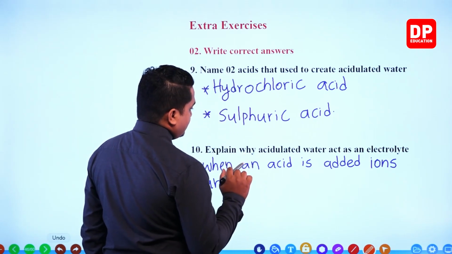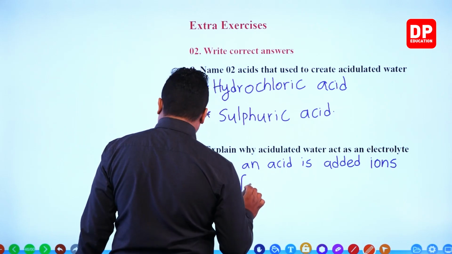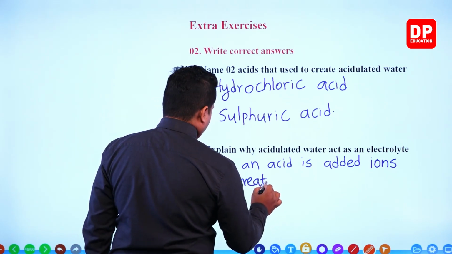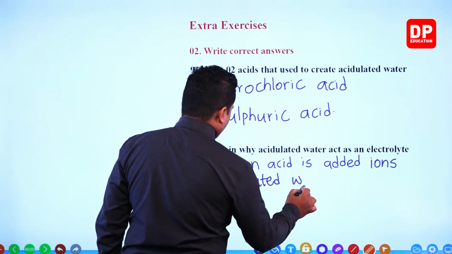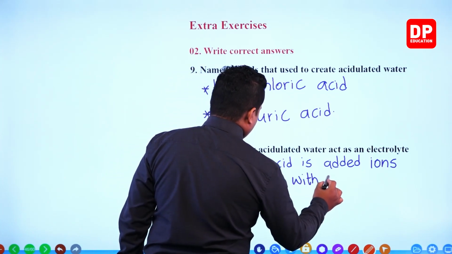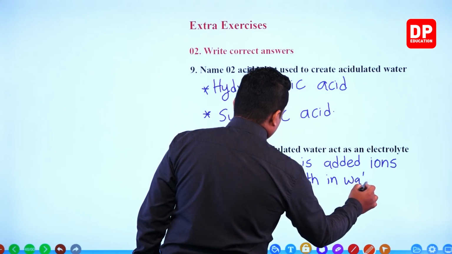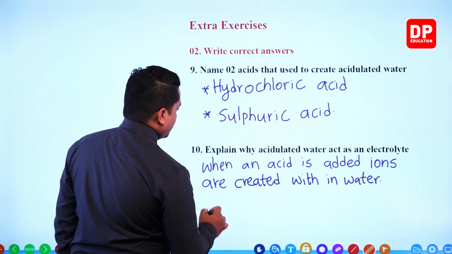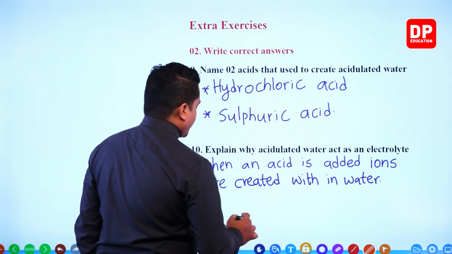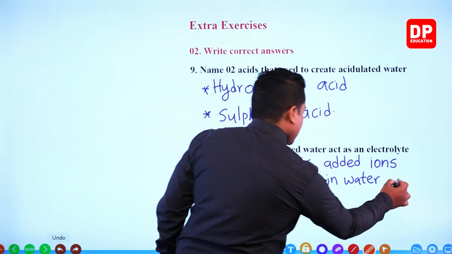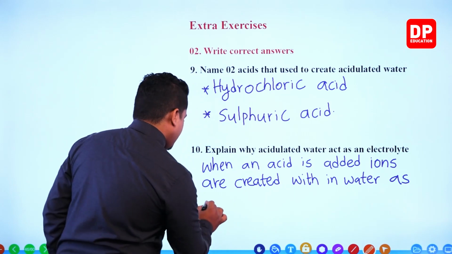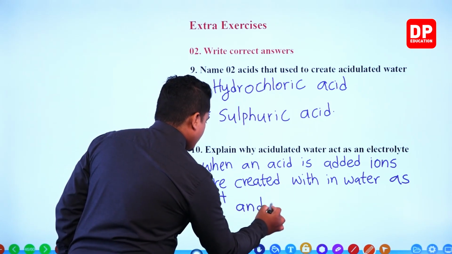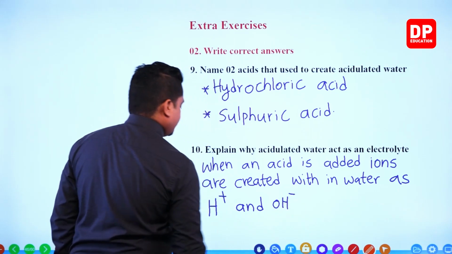So when an acid is added, ions are created within water as H plus and OH minus.